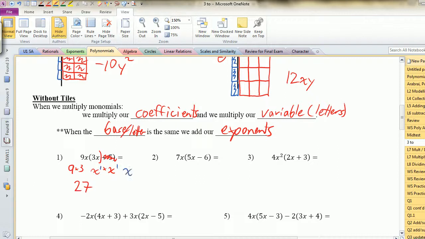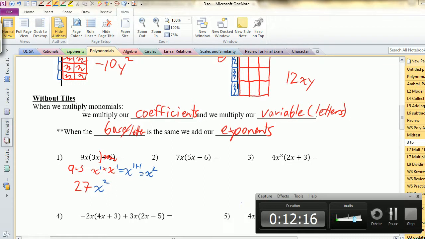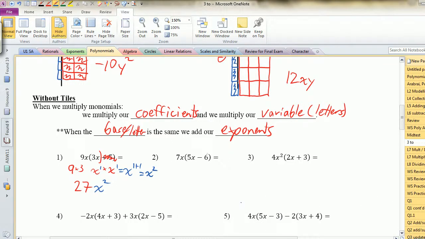Add your exponents. x to the 1 plus 1 equals x squared. So we got 27x squared. Okay. Any questions? Okay, so next one. Let's just try this. 5x times 7x. Go.